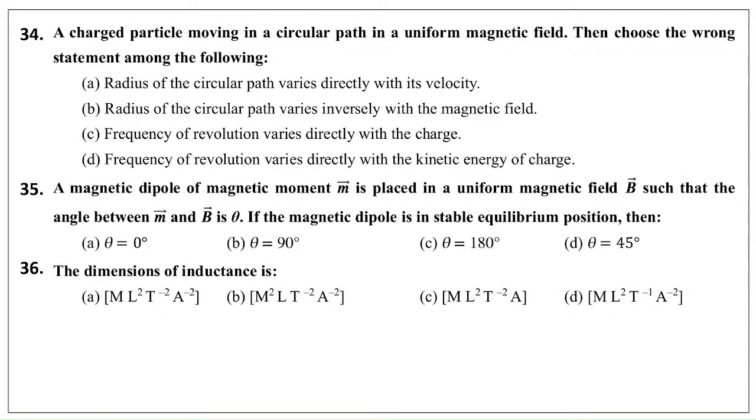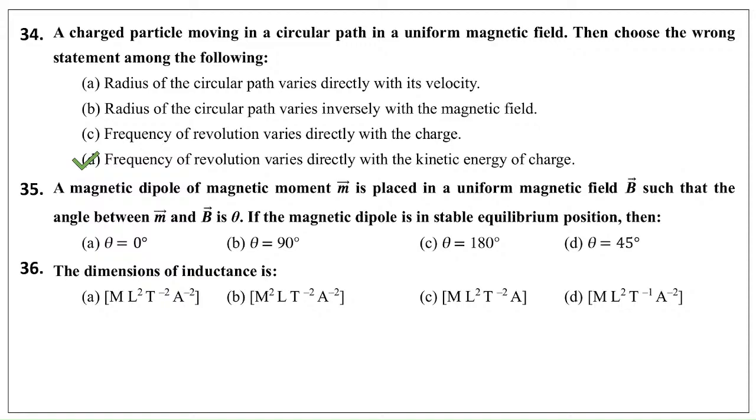Next. 34. A charged particle moving in a circular path in a uniform magnetic field. Then choose the wrong statement among the following. Answer is D. Frequency of revolution varies directly with the kinetic energy of charge. Next. 35. A magnetic dipole of magnetic moment m is placed in a uniform magnetic field B, such that the angle between M and B is theta.